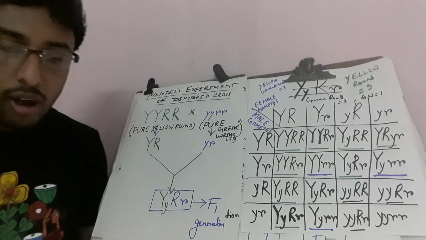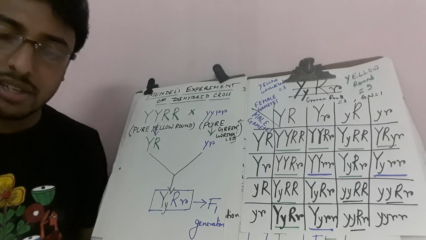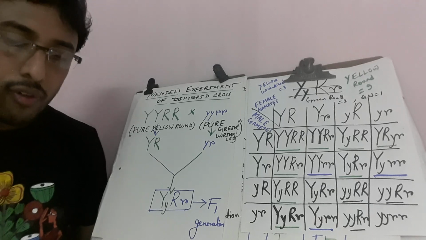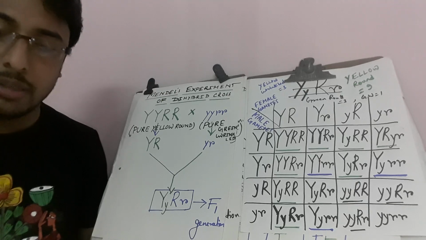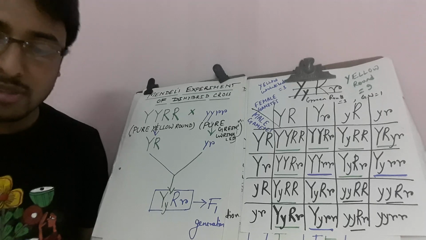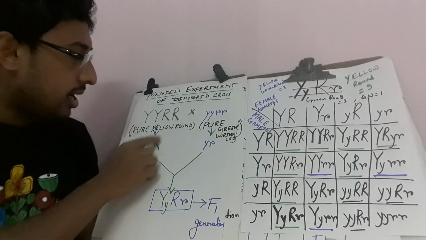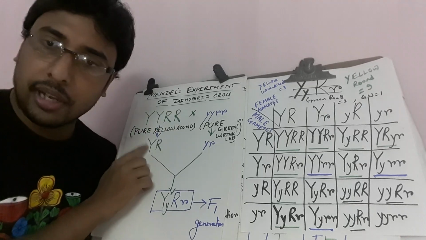And what is the law of independent assortment? That is, two or more pairs of contrasting factors or genes for two or more characters of an organism segregate independently during gamete formation, appearing in all possible combinations in the gametes. It means here from capital Y, capital R, only one Y is coming here.